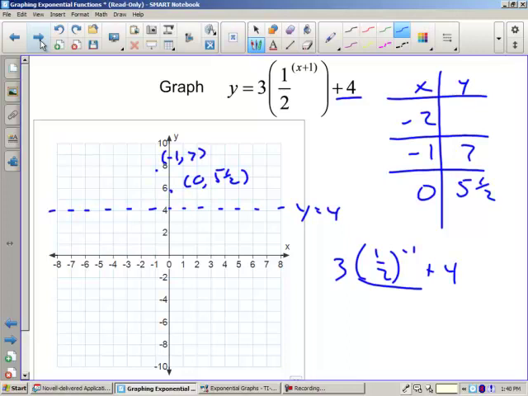Don't forget I've got to do my exponent first. 1/2 to the -1 is the same thing as the reciprocal of 1/2, which is 2. So I've got 3 times 2 plus 4. Doing my multiplication first is 6 plus 4, which is equal to 10. So I've got the point -2, 10 on my graph.